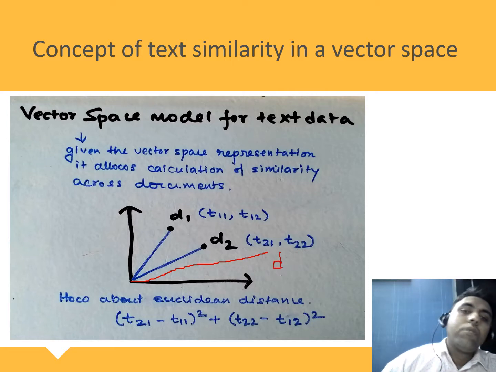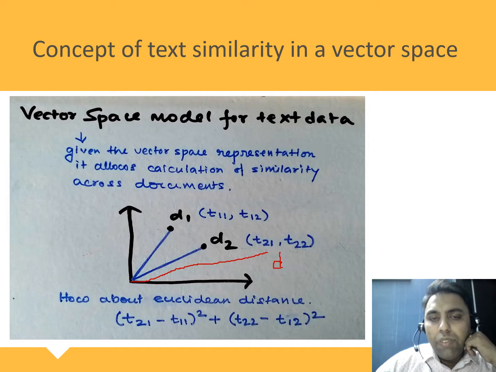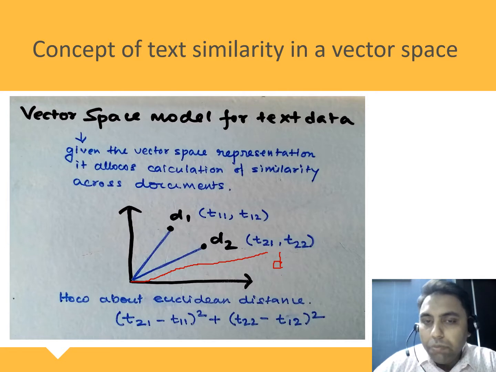Okay, so it's very apparent that the Euclidean distance between D and D1 will be much larger than the Euclidean distance between D1 and D2, right?